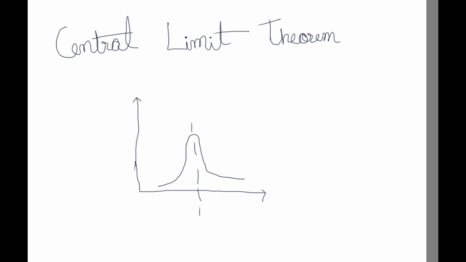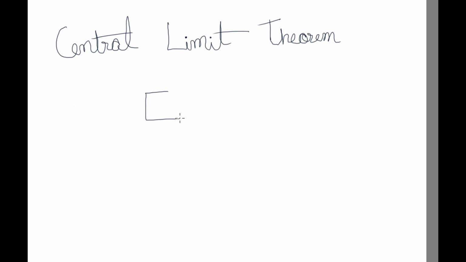So if we take the averages of sample sets that have an infinite number of members in them, an infinite number of heights, now, this need not always be infinite, it could just be sufficiently large, but for the sake of convenience, we're going to take an infinite number. If you find the averages of all such sets, we would be able to see that all of them would tend to one single value.